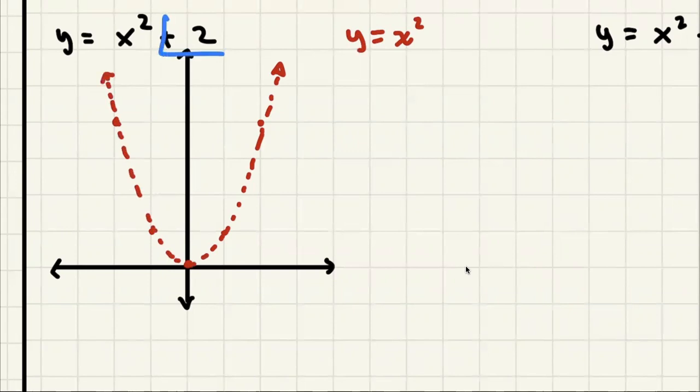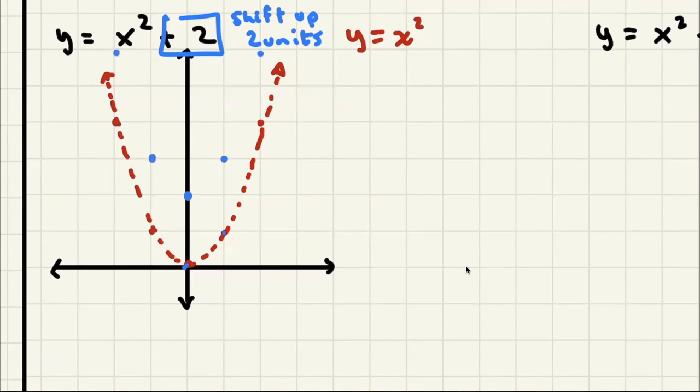This +2 means vertical shift up. It says shift up 2 units. So that means wherever our points are, we're going to move them up 2 spaces. So this point that was right here is going to go up here. This point that was right here is going to move up here. And similarly over here. And then this one's going to go up here.